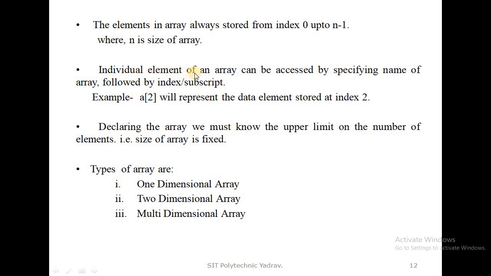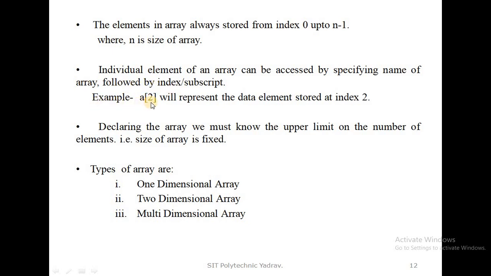Individual elements of an array can be accessed by specifying the name of the array followed by the index or subscript. Index is also known as subscript. When we want to access any individual element of an array, it is accessed through the name of the array followed by the index.